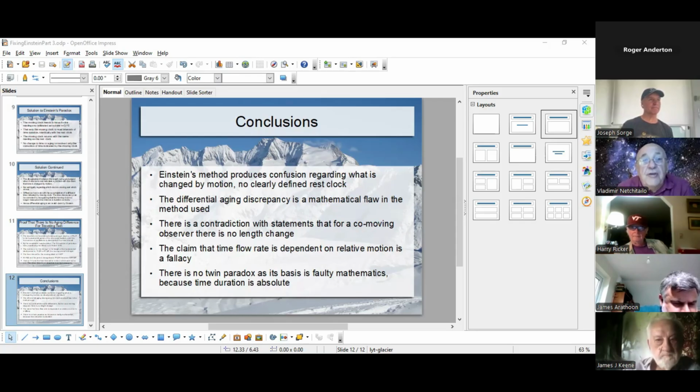Because laws of physics are valid only for the absolute cosmic medium, because all the physical laws depend on the cosmic medium only, meaning it's absolute. There is an absolute frame, and for the absolute frame we have all the laws of physics.